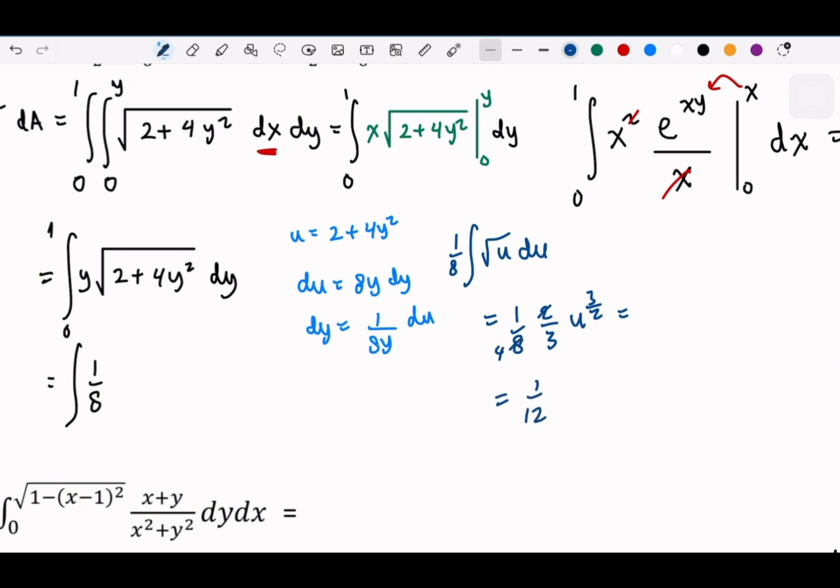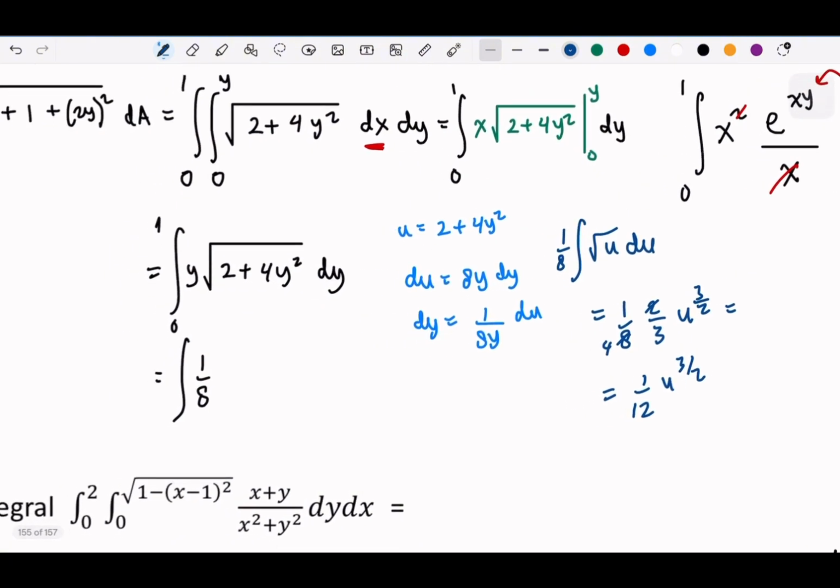And I will turn back u into y, which is the square root of 2 plus 4y squared. So I will write this as 1 over 12 times (4y squared plus 2) to the 3 over 2. And then I will directly get this from 0 to 1, right?